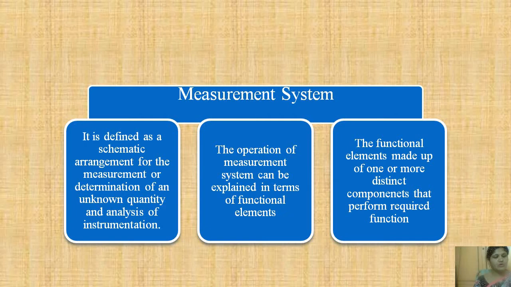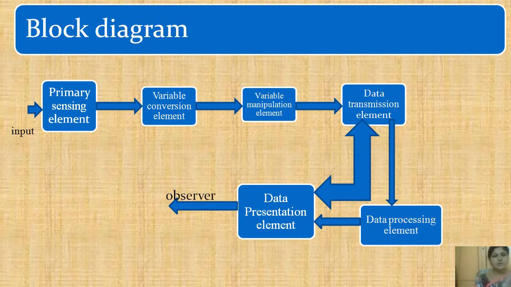The generalized measurement system will have different functional elements. In the block diagram of the generalized measurement system, the system is performing the measurement of the unknown quantity. So the input to the measurement system will be the quantity which we want to measure, and that unknown quantity we call a measurand.